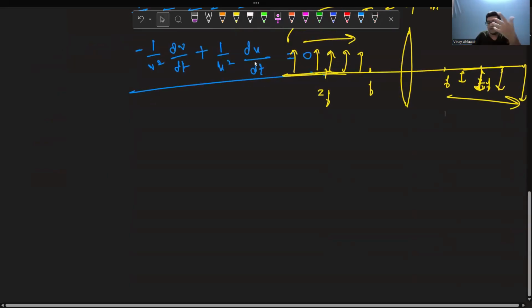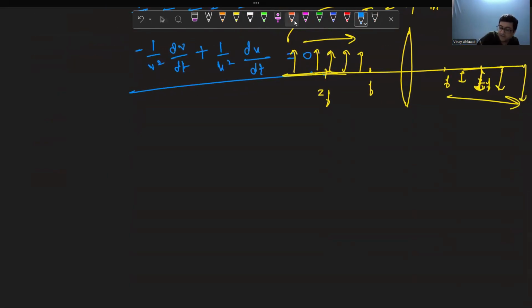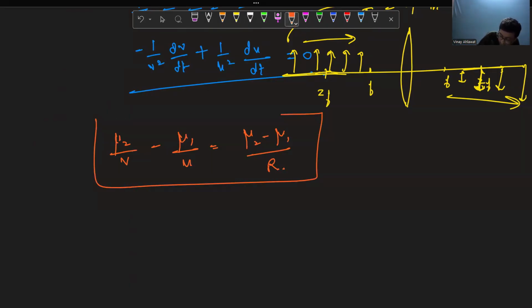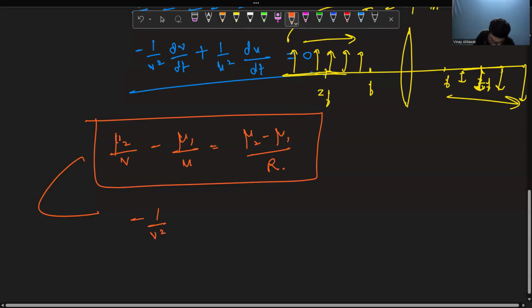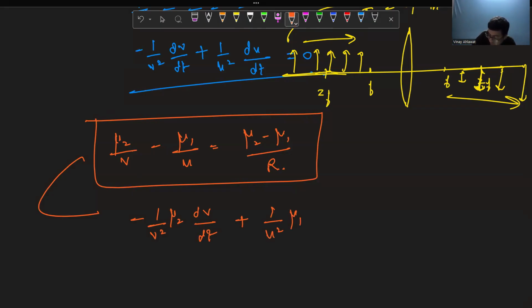What if I take refraction at spherical surface? The formula is mu2 by v minus mu1 by u is mu2 minus mu1 over r. Differentiating this thing becomes minus of 1 by v square into mu2 into dv by dt, and negative becomes positive, 1 by u square into mu1 into du by dt.